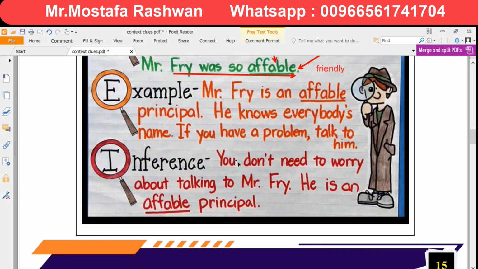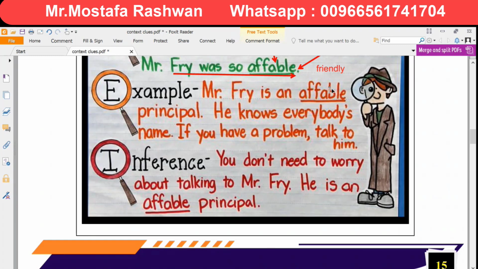Malik, read the example. This is the fourth technique. Mr. Fry is an affable principal. He knows everybody's name. If you have a problem, talk to him. Good job. Here he gave you an example. What do you mean by affable?